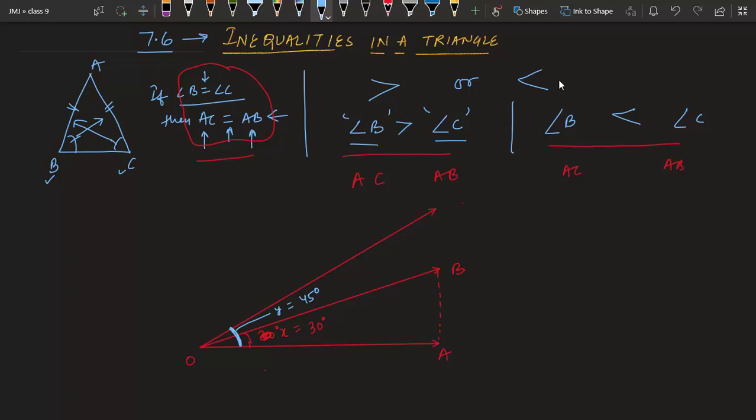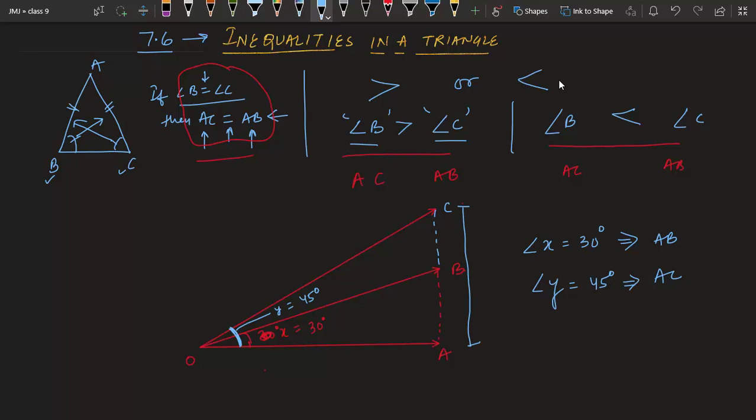Now, if you observe, as we have increased the angle, the same effect we can see on this side. Earlier it was AB, now let us call it C. So, we can say angle X, which is 30 degree, the side opposite to this angle is AB, and angle Y, which is 45 degree, the side opposite to this angle is this complete one, which is AC, and you can observe that AB is smaller than AC.